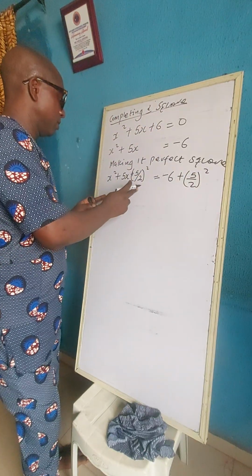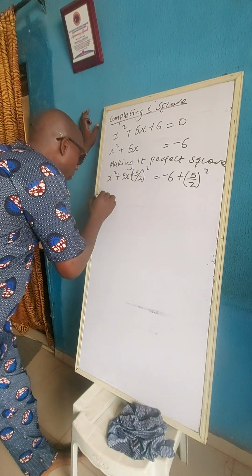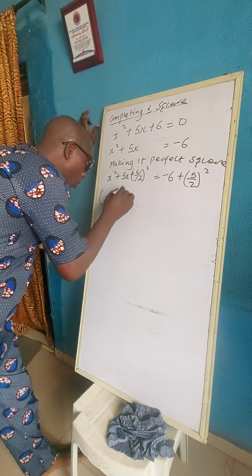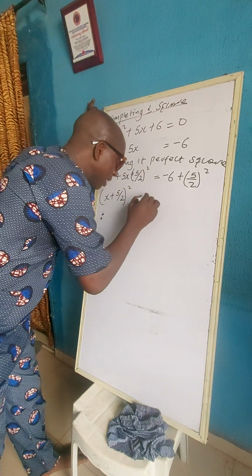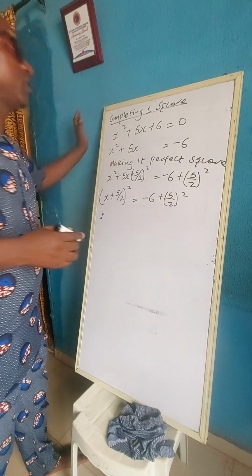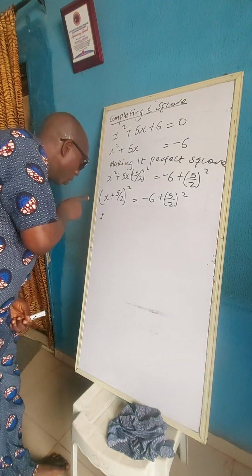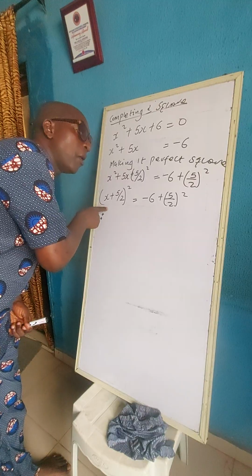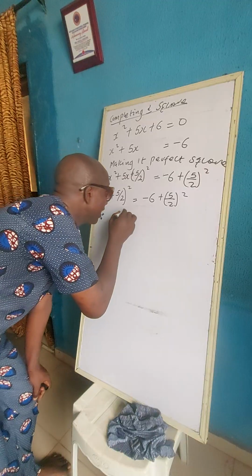We have inscribed this. Then when you put it together, it becomes x plus 5 over 2 all squared. When you expand this, you get this equal to minus 6 plus 5 over 2 all squared. That's what it means. Then you have tried as much as possible, the x is standing alone. That's the purpose. Let's try to simplify the right hand side.